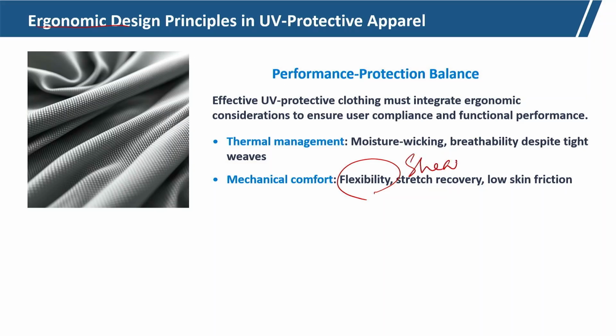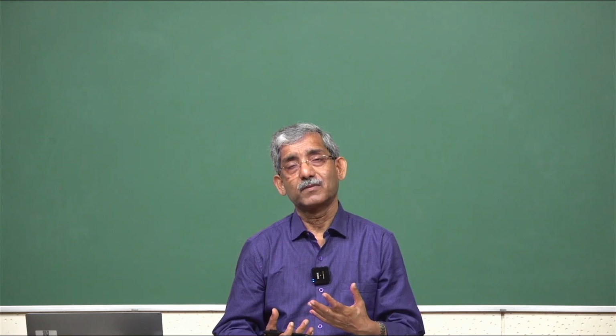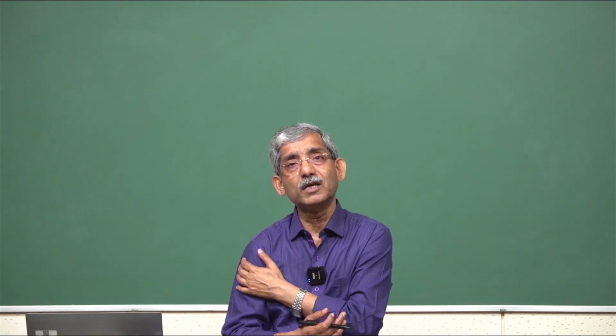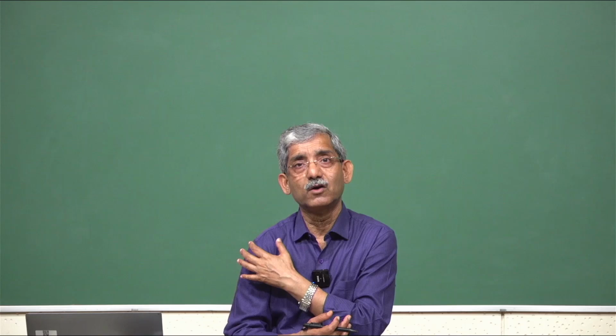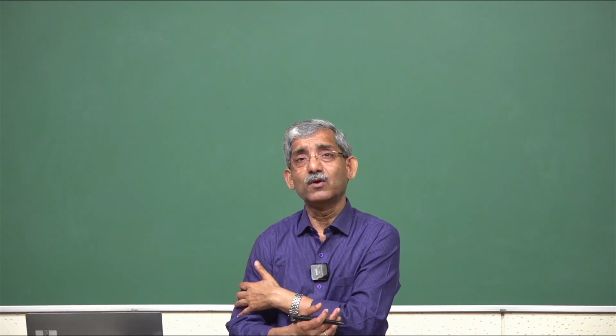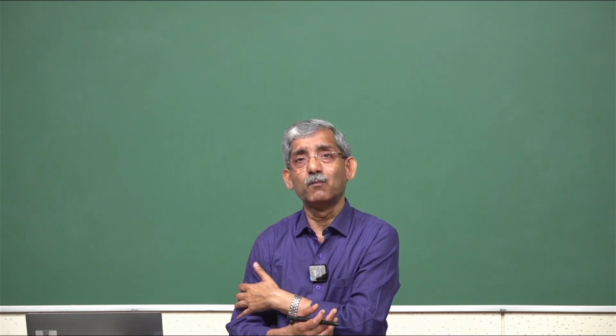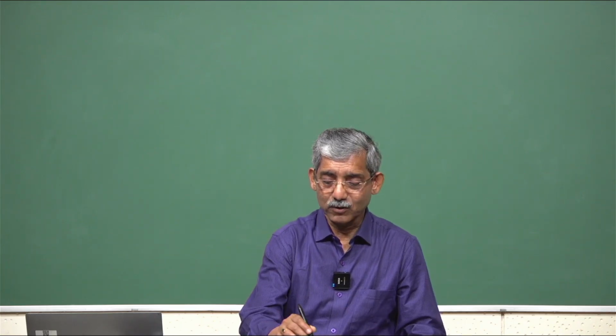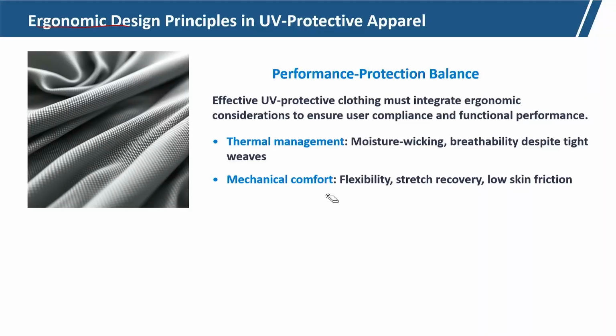Shear properties are very important. If the shear resistance is increased, then with the movement of our body, the clothing will not conform, will not take the shape. So, our body movement will be restricted, and that will create discomfort. Free body movement will not be there.